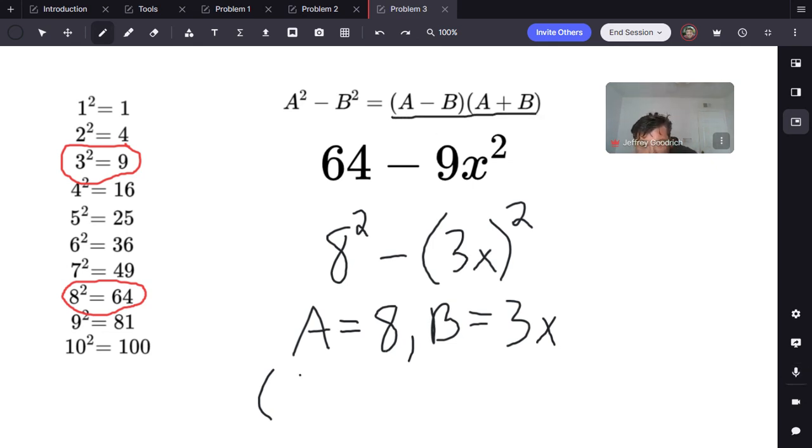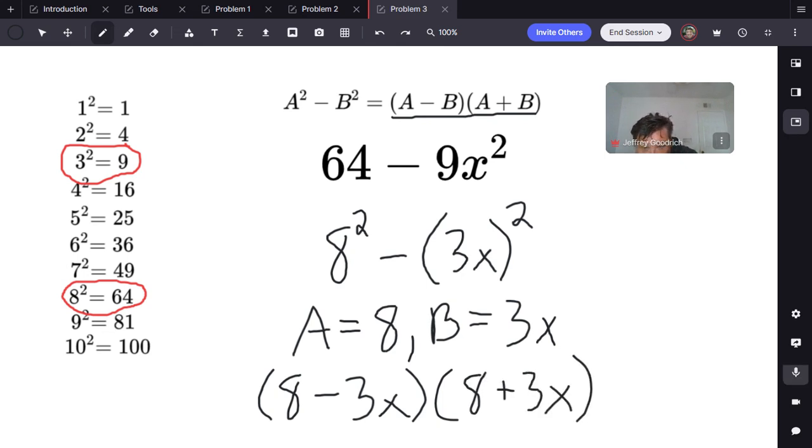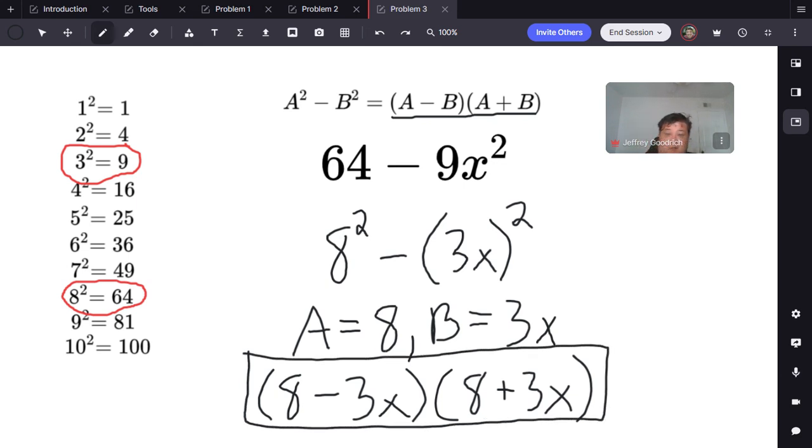We're going to say 8 minus 3x, and then 8 plus 3x. And that is our final answer. So even though it looks different, it doesn't matter. There's no rule saying that the x has to be first. You can put the constant first.